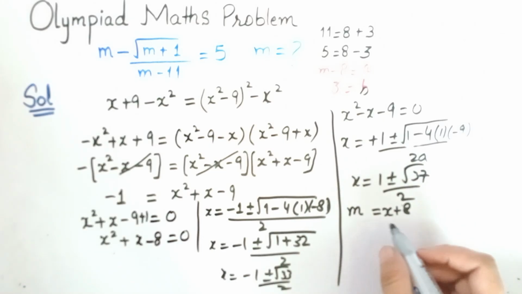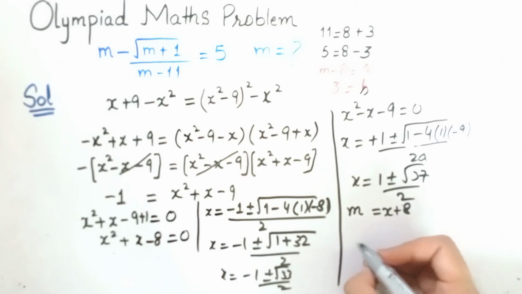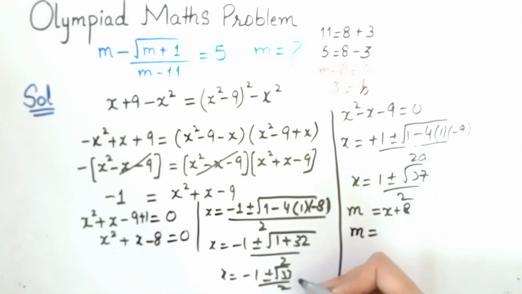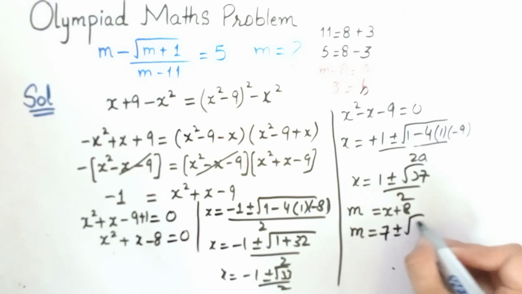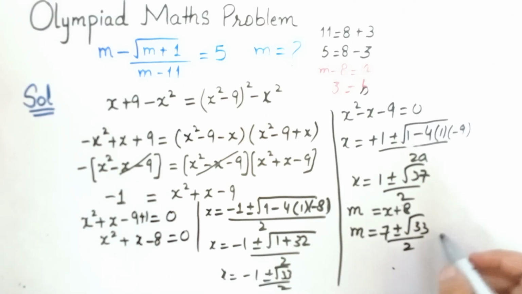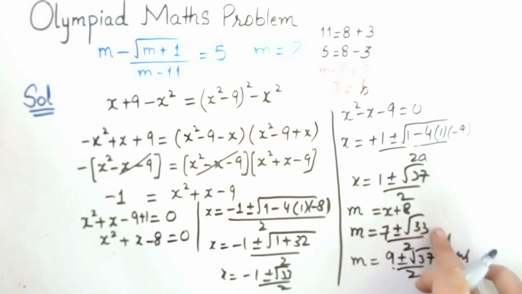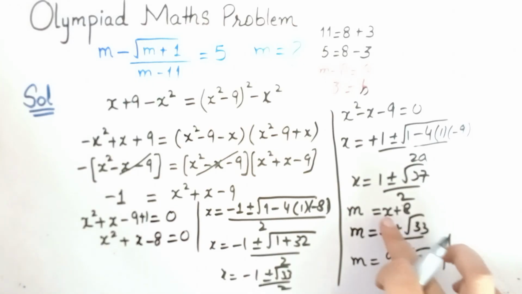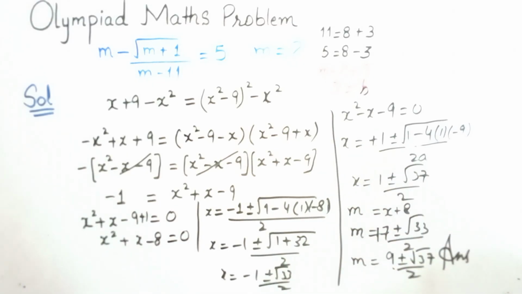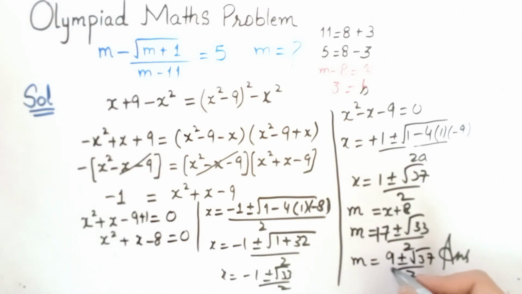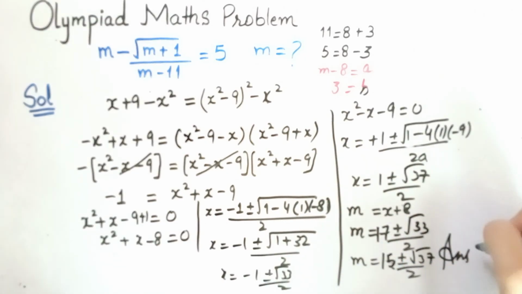When we add 8, what do we get? The value of m will be 7 plus minus root 33 divided by 2, and 9 plus minus root 37 divided by 2. When we add this, we get 17 here, and for the other one 15. So this is the final answer.